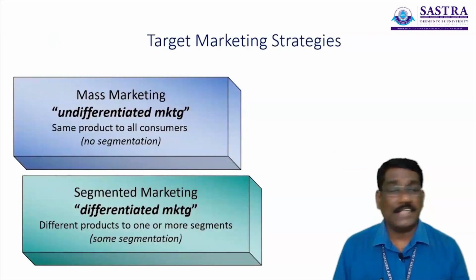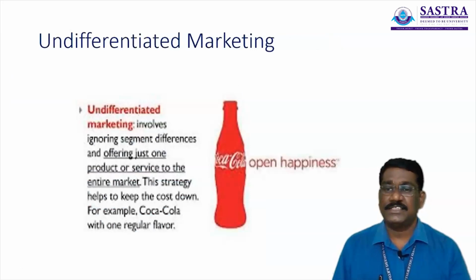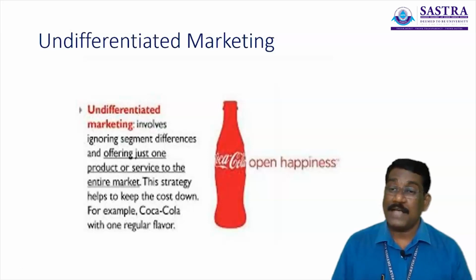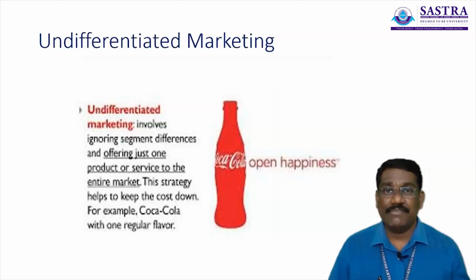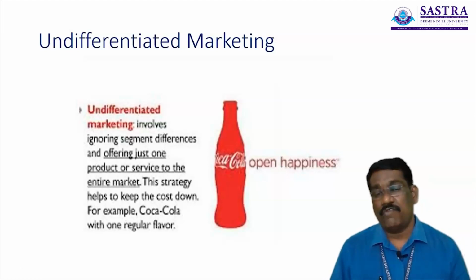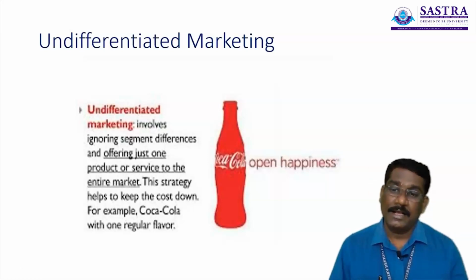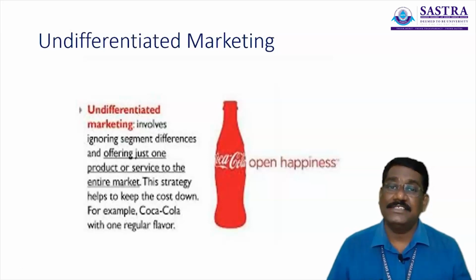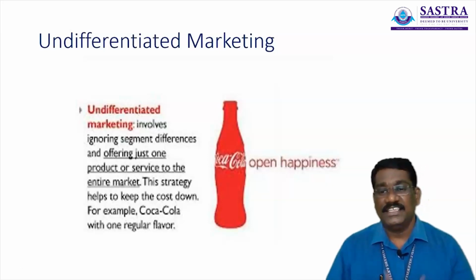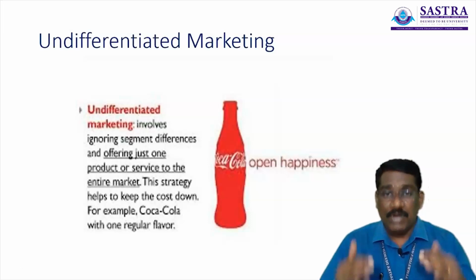Okay, so let's go into detail with more examples on mass marketing and segmented marketing. Let's talk about mass marketing, which is called undifferentiated marketing, and you can see Coca-Cola and Pepsi going for mass marketing. Undifferentiated marketing involves ignoring segment differences and offering just one product or service to the entire market. The real advantage is that it keeps your costs down.